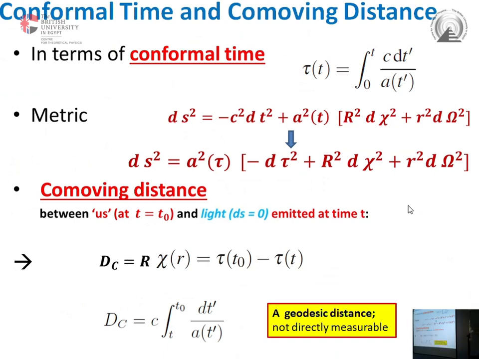So in intuitive terms, it's actually the distance between an object emitting at t and us, for example, at t naught, between observers that are close together, and it is stretched at every stage. Stretched at every stage, and if we use the convention a equals 1, it's in terms of our distances now.